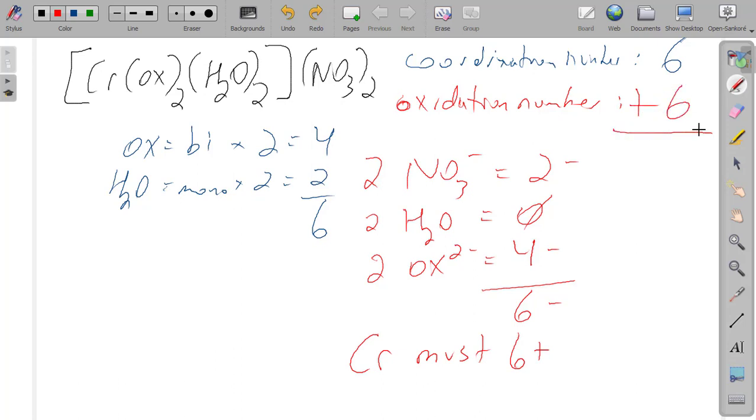And that's important because chromium 2 and chromium 3 are common and around, and chromium 3 is even used in some supplements to, supposedly, give you energy and all that nonsense. But chromium 6 is mutagenic. And so if you're ever in a position where you know that you're dealing with a chromium that is in a +6 oxidation state, so we call it chromium 6, that is mutagenic.